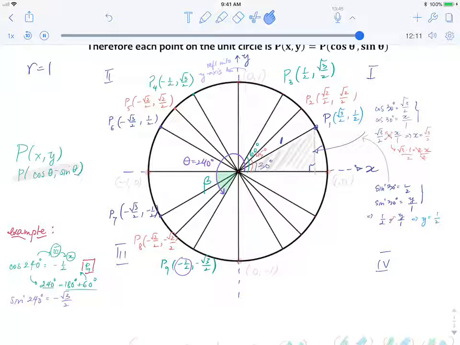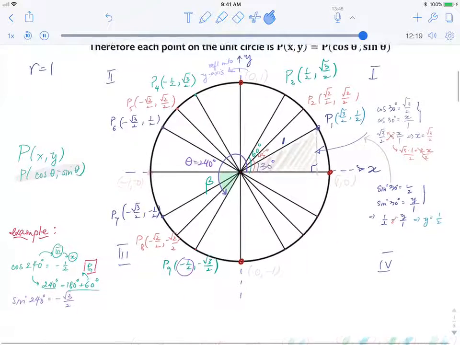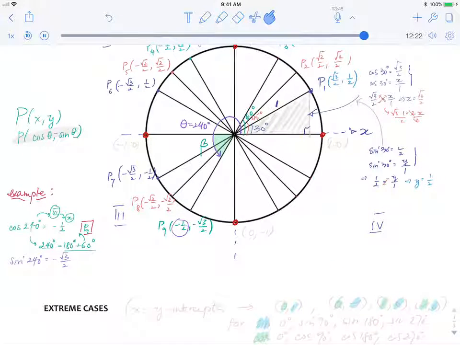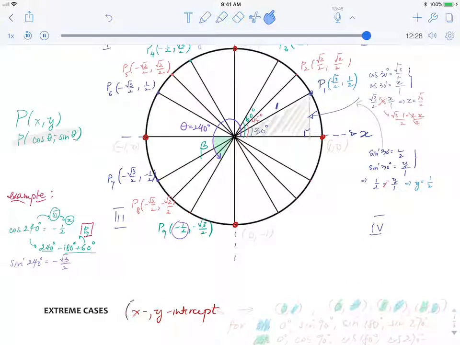And for extreme cases, we already discussed this, and we'll just reiterate. You go with coordinates, you look at the points, the x and y intercepts of the unit circle. So you're going to consider 0, 1, 0, negative 1, 1, 0, and negative 1, 0.